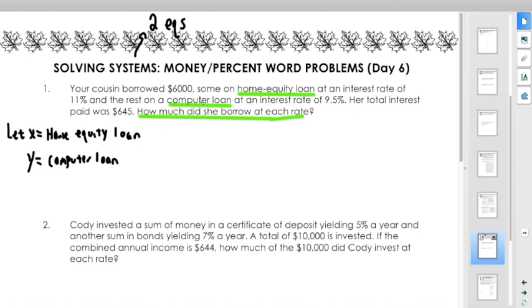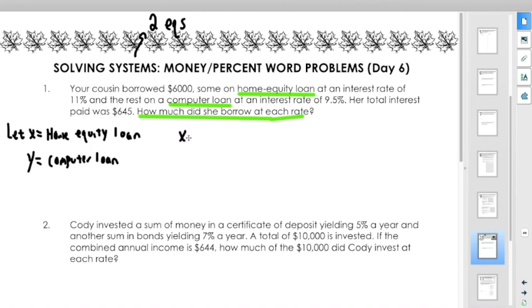All right, so let's set this up. I need a system here. So let's see. She borrowed $6,000 on home equity and computer loan. Okay, so that tells me a lot. I just don't know how much of each, but I know x and y together should equal 6,000. Okay?